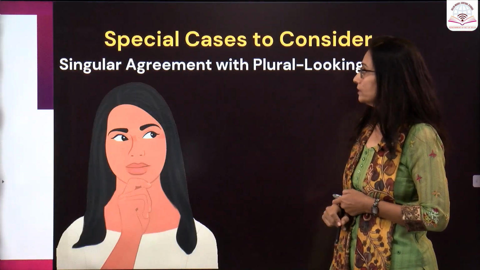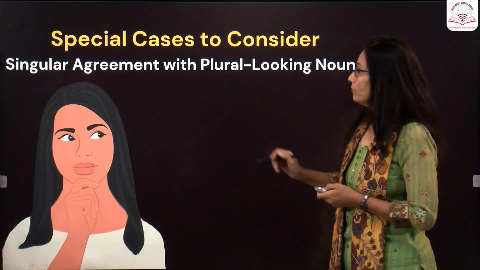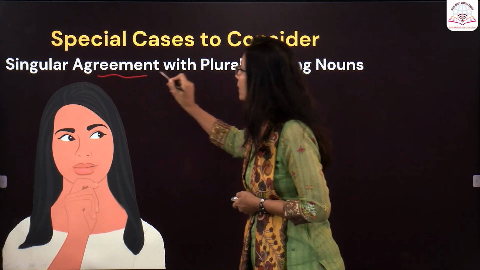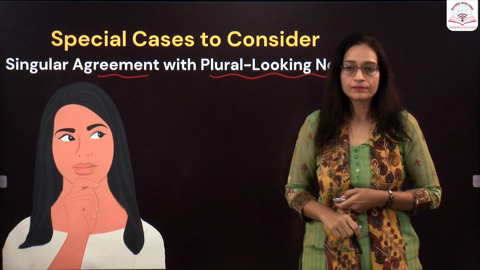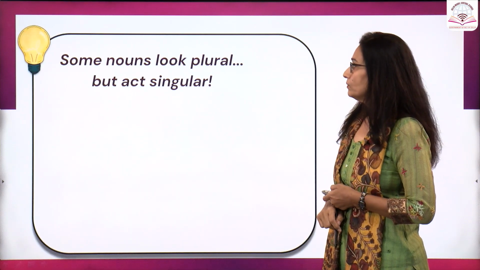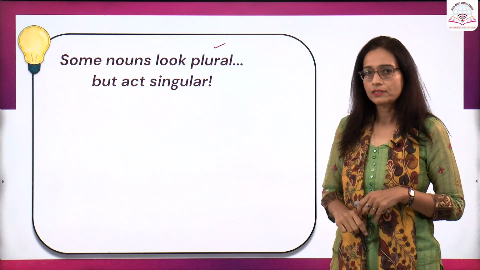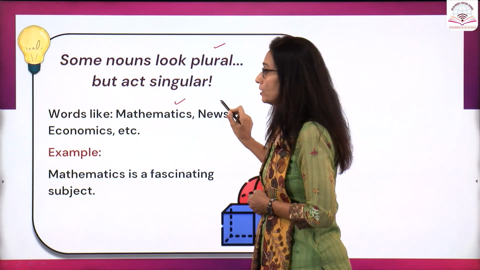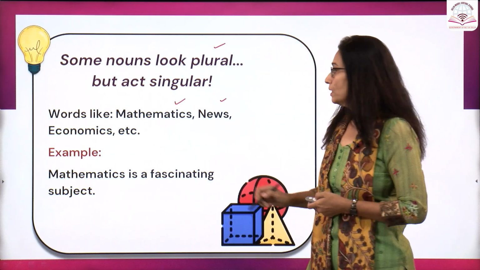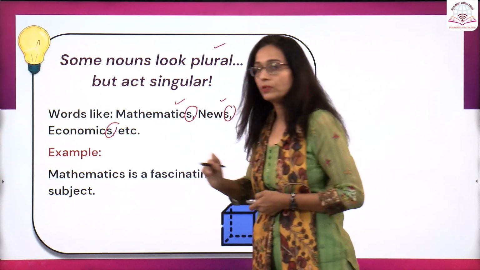Let's move further and let us talk about some special cases where we'll talk about singular agreement with plural looking nouns. So some nouns look plural but they act singular. Words like mathematics, news, economics, they all carry an S. So they look like a plural word.